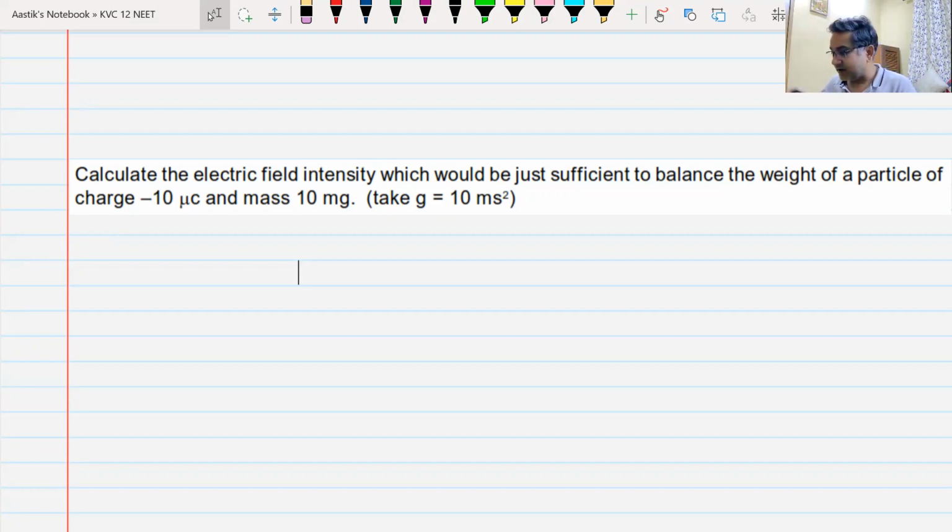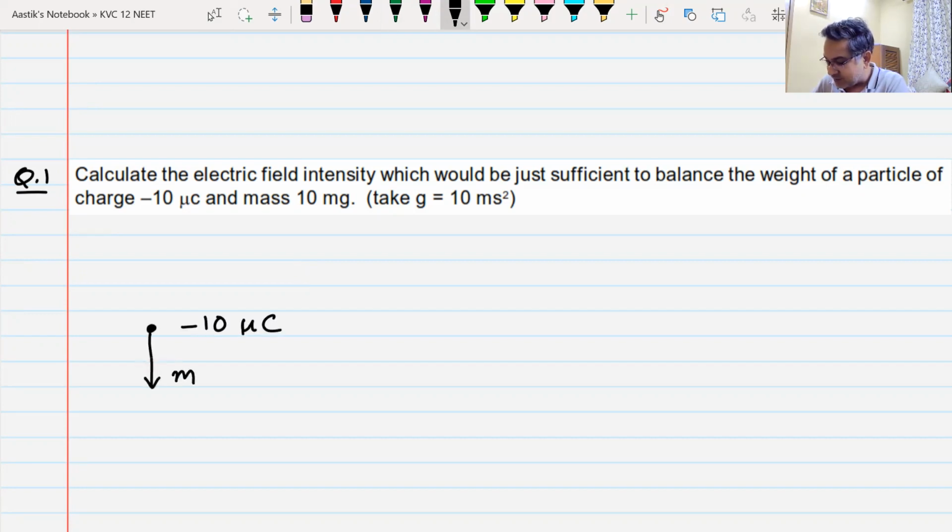For example, the charge is like here. Remember, the charge is minus 10 microcoulomb. The weight of this will be going like this, mg. Yes or no? Yes, sir. In which direction should I apply electric field? Should I apply electric field upward, downward, rightward, or leftward?